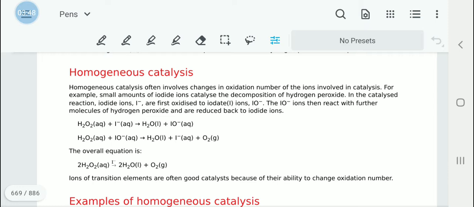Then H2O2 reacts further with IO- to produce H2O, I- and oxygen. That I- can again react with another H2O2. The overall reaction is 2H2O2 aqueous giving 2H2O liquid plus oxygen, in the presence of iodide. The transition elements are good catalysts because they have the ability of changing their oxidation numbers.